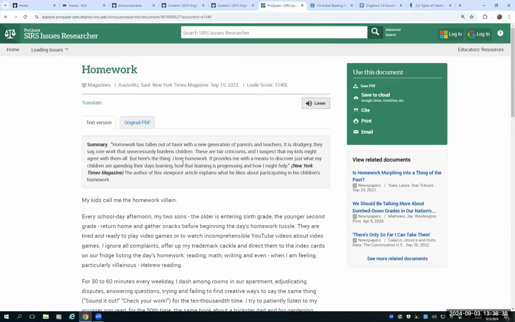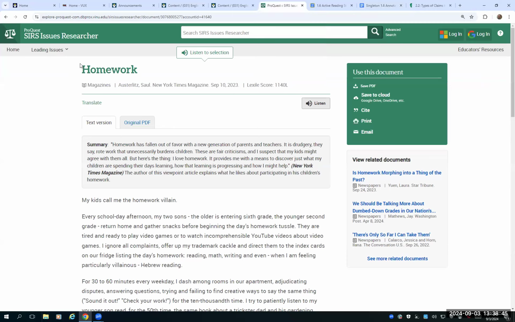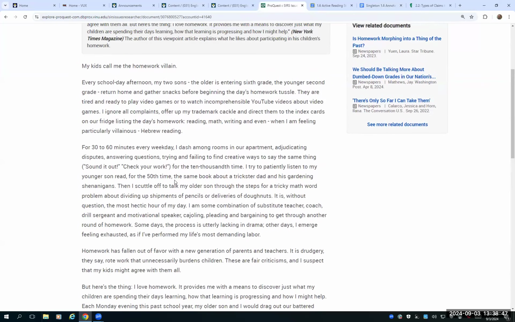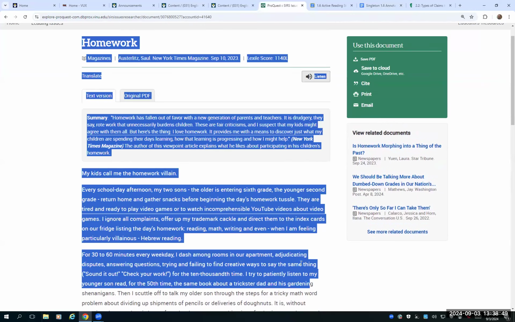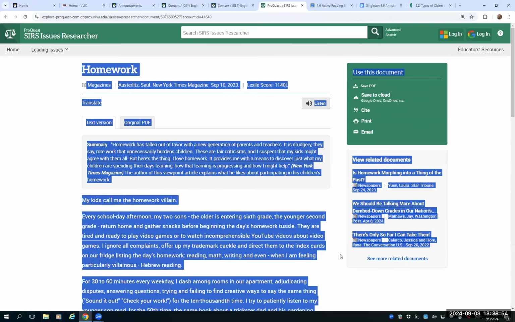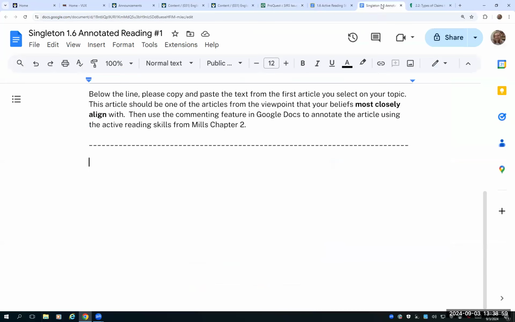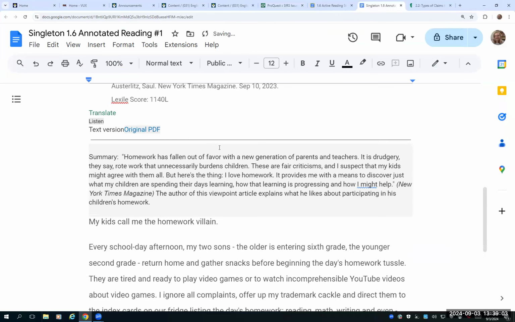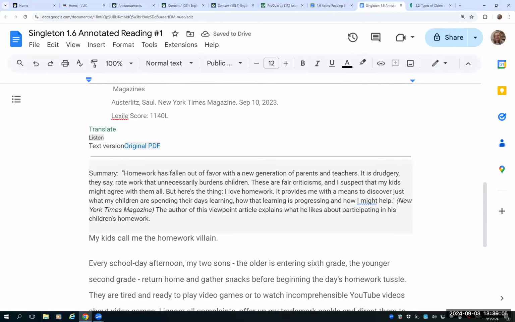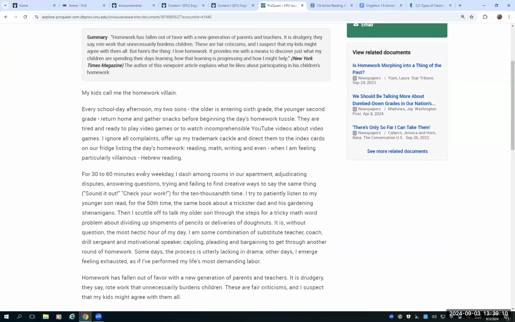I can't do all mine in one, for whatever reason it won't let me. I have to do this in chunks. You may be able to do them all at once, but I'm going to copy and paste that article over into 1.6.